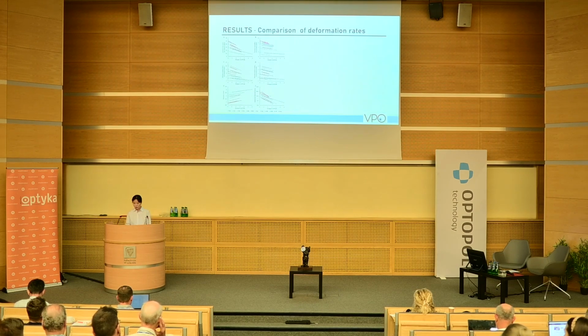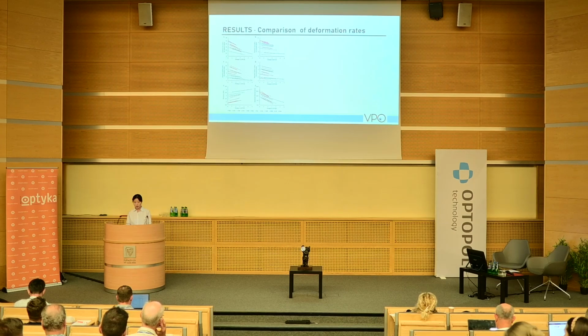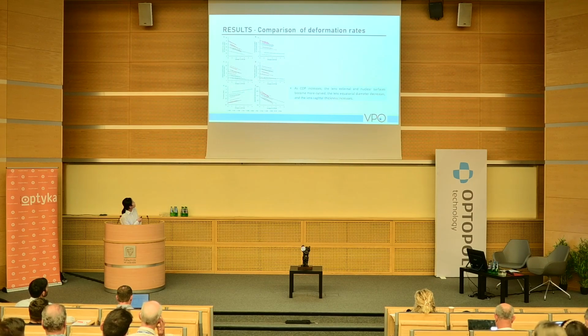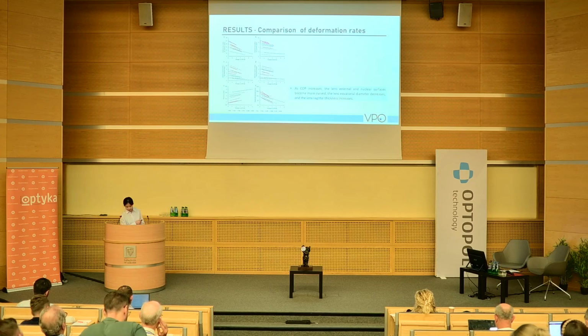So we further analyzed the trends and slopes of the lens geometric parameters during accommodation. As the change in COP increases, the lens surfaces become more curved, the thickness increases, and the cortical diameter decreases.